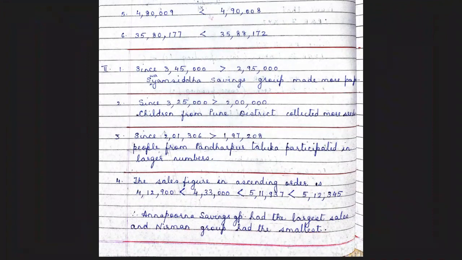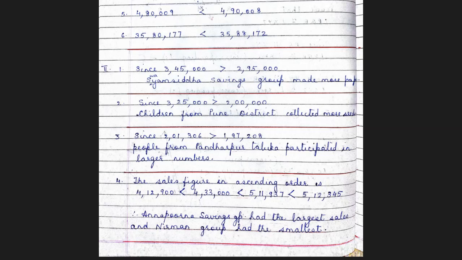Now, you have to check the first number. There are 2 numbers with 4 on the left hand side, and then 2 numbers with 5 as the first digit. So, first let's take the numbers with 4. The next digit is 1 in 4,12,900 and 3 in 4,33,000. And therefore, 4,12,900 is smaller than 4,33,000.